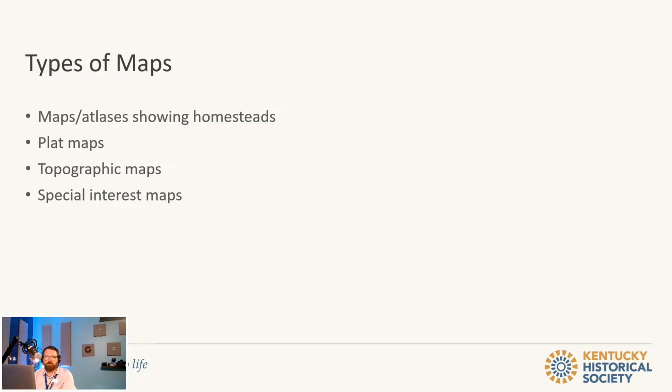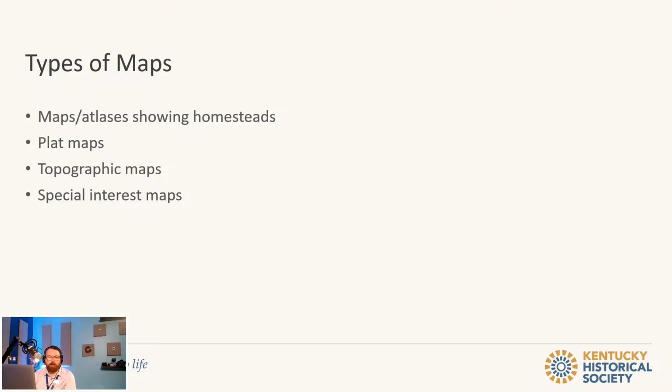I've talked quite a bit about one specific atlas whenever I bring up maps or atlases. I'm sure there are other versions for other counties, but this is the one I've found here at KHS, and I always like to talk about it. I'll talk about that in just a second.